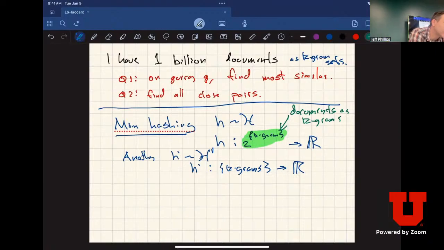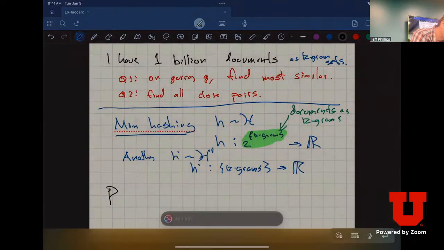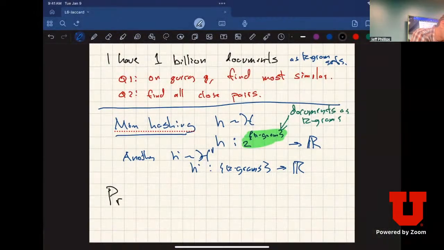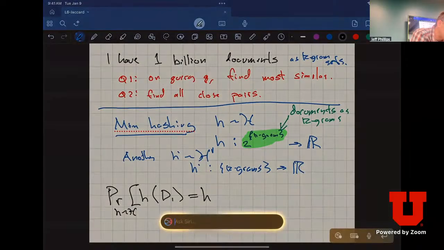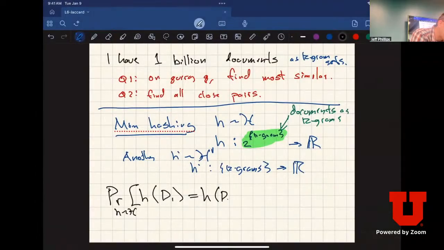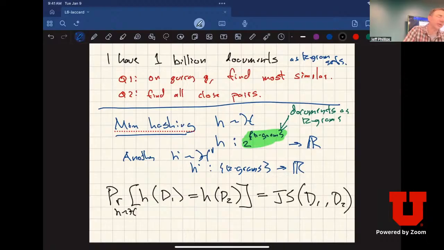And so the minHashing will have the very important property that the probability, over the choice of the hash function, that the hash function for document 1's representation is equal to document 2's representation is going to be exactly equal to the Jaccard similarity between document 1 and document 2.